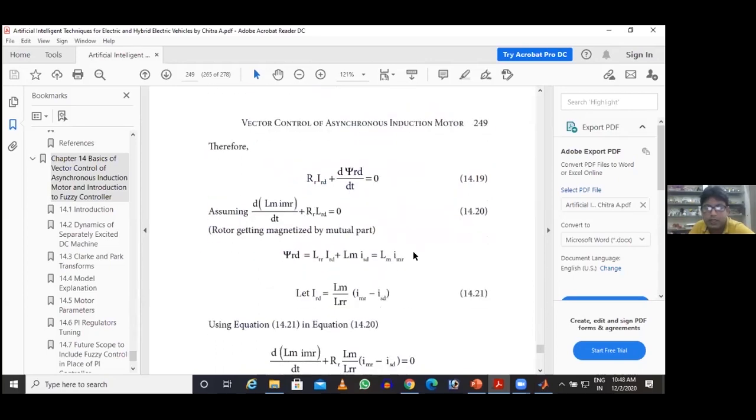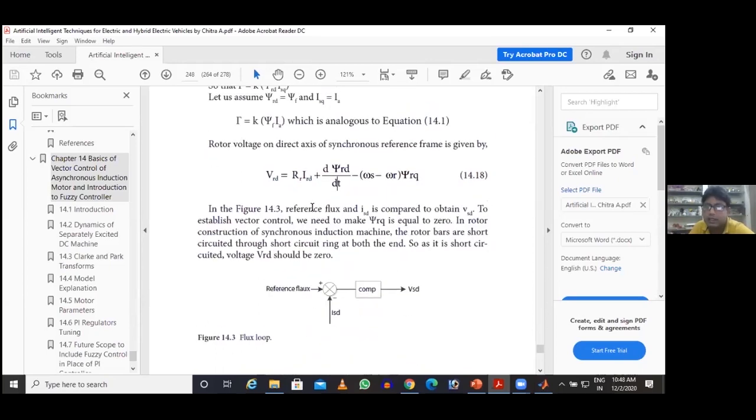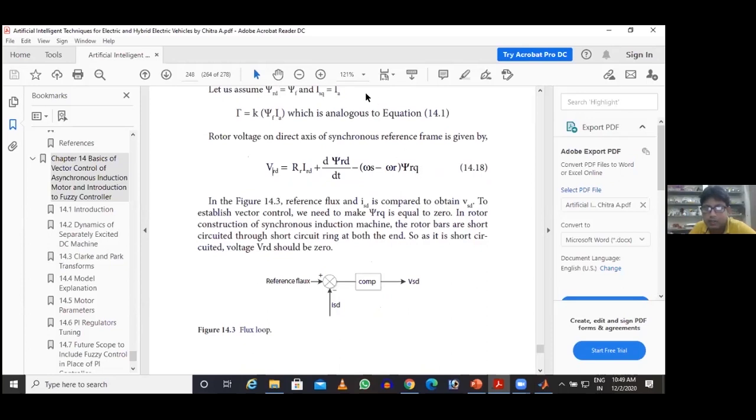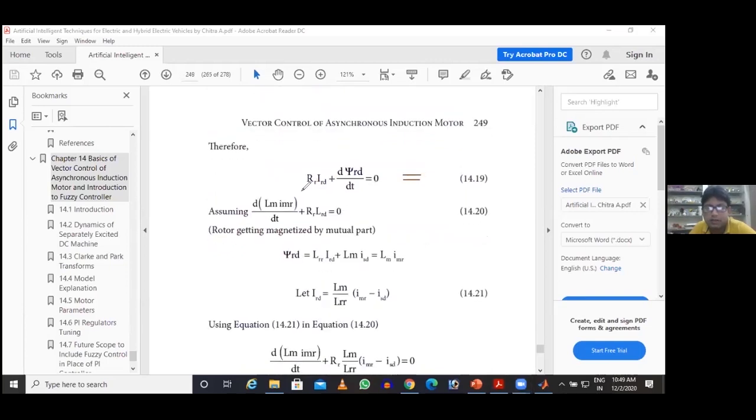But you know, in an induction machine, the rotors are short circuited at both ends by short circuit rings. So the rotor bars are shorted. If it is shorted, this voltage on the left hand side will be 0. And for vector control, what we did? This is made 0 because it is to be aligned. So this equation is converted to this equation.